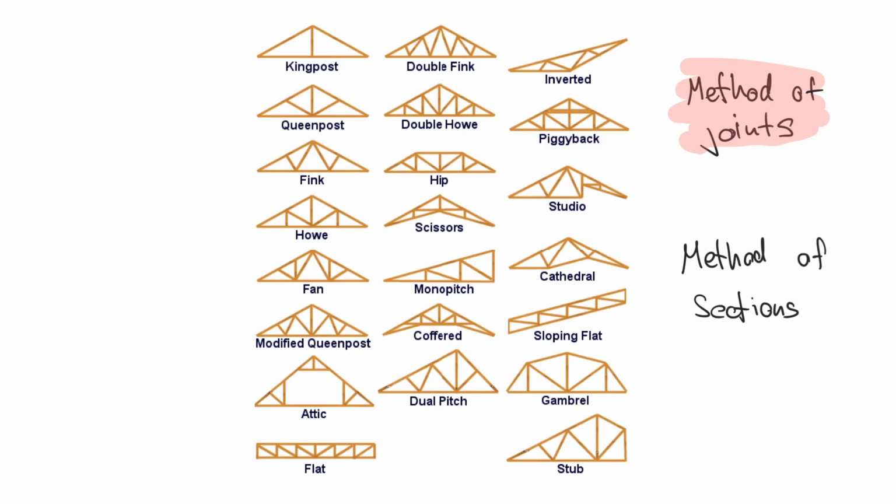And the method of sections is something we're going to deal with in a following lecture. So two topics we will really discuss. Both of them are meant to analyze the forces within truss systems so we can design them later on. But today we only focus on the method of joints, and method of sections will follow later.